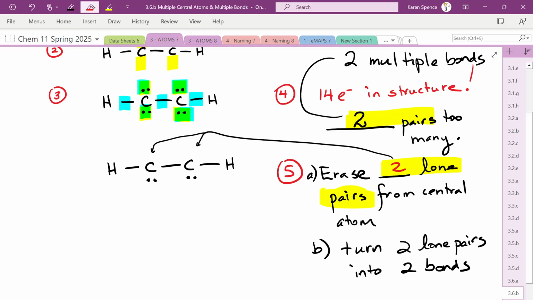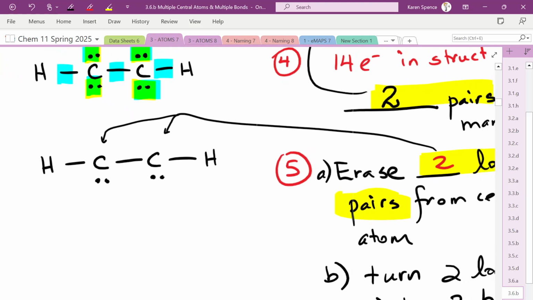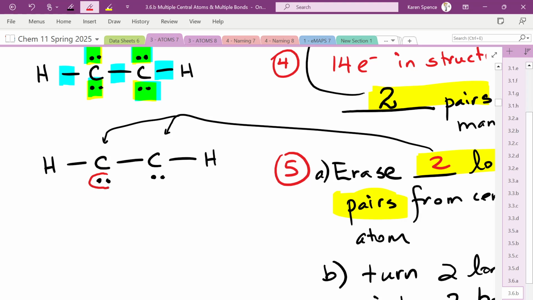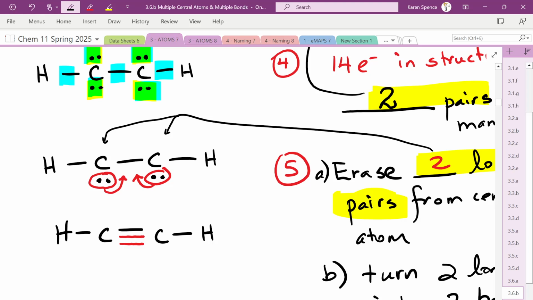So we're going to take the lone pairs that we have left, move this one into the middle, and move this one into the middle, and so we're now going to have H, C, and now we have a double bond and a triple bond. Do you see how now we have 2 multiple bonds, a double and a triple? There we go.